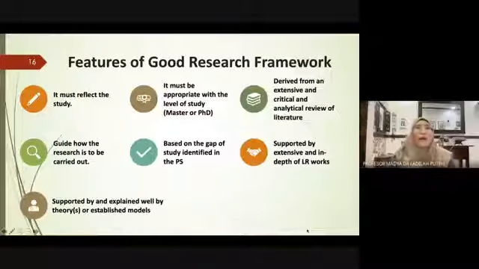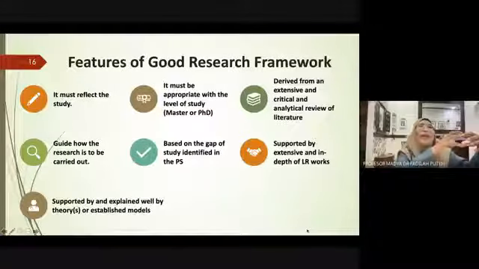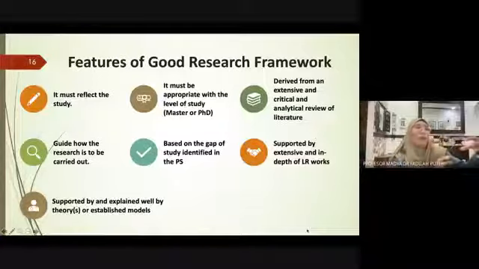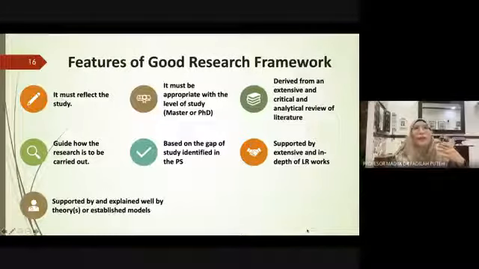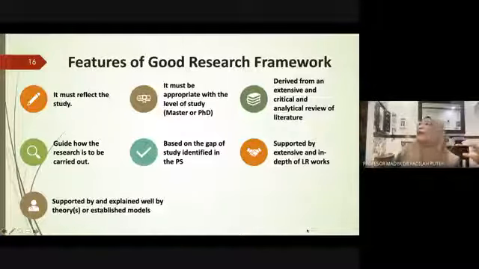So being the examiner, I always look at this coherence of ideas, where the problem statement is reflected in the research question, research objective, and also the research framework. Sometimes the student did not explain clearly in the problem statement, and suddenly it appeared in the research framework. So this is where students get caught.